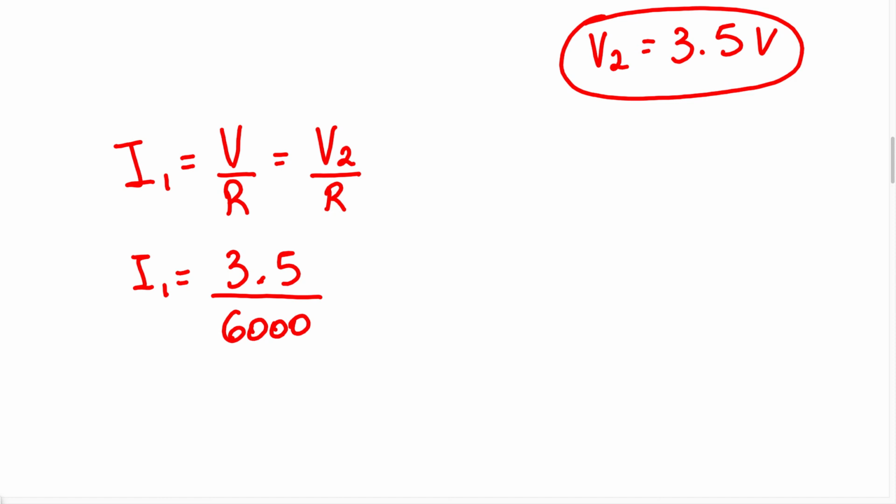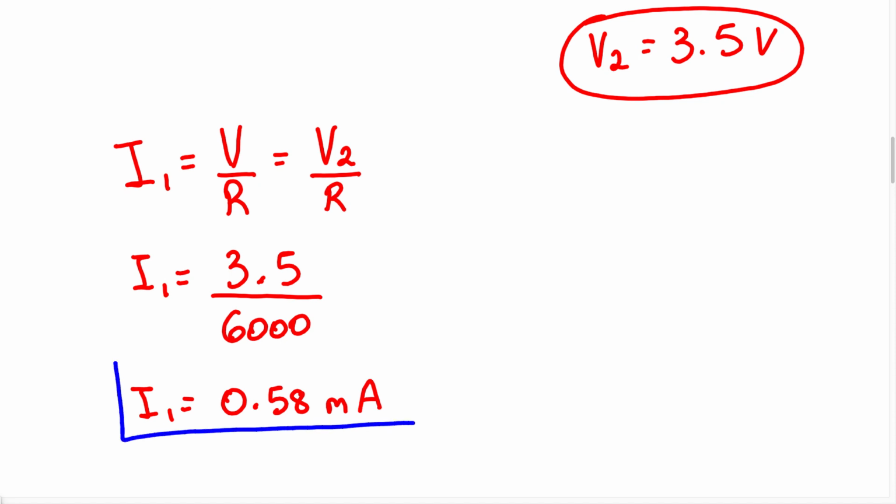Therefore, when you put this in your calculator, the current I1 equals 0.58 milliamps. So this is going to be the current flowing through that 6K resistor, and this is going to be your answer, 0.58 milliamps.